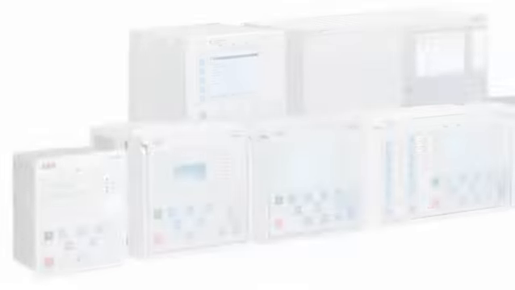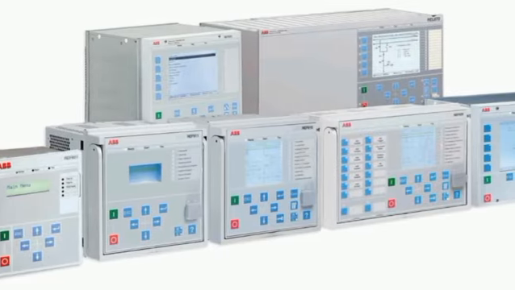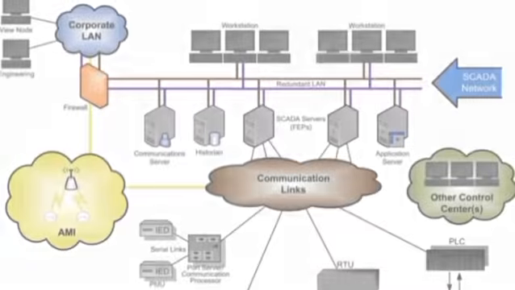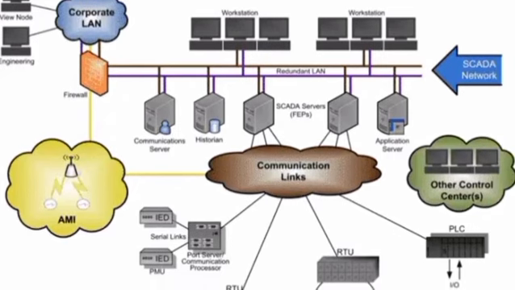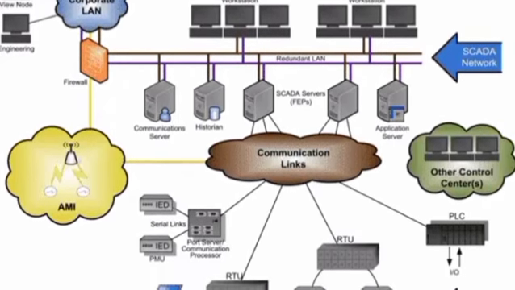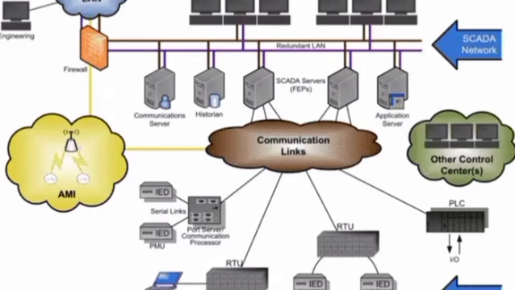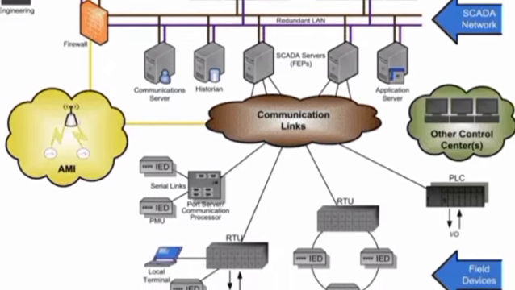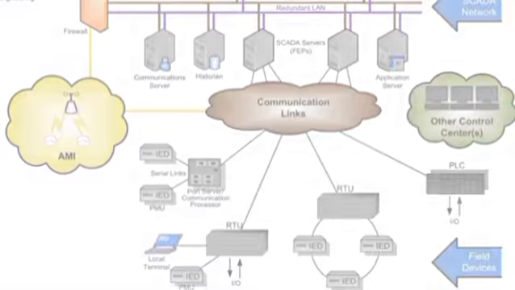Relays automatically detect faults and send signals to trip the relevant circuit breakers. SCADA systems, supervisory control and data acquisition. SCADA systems allow remote monitoring and control of substation operations, improving reliability and response time.